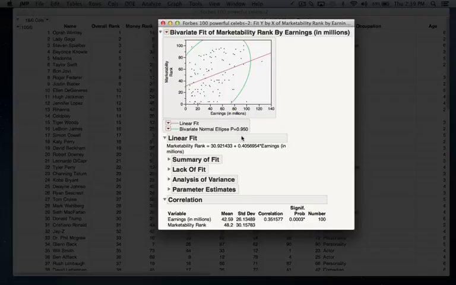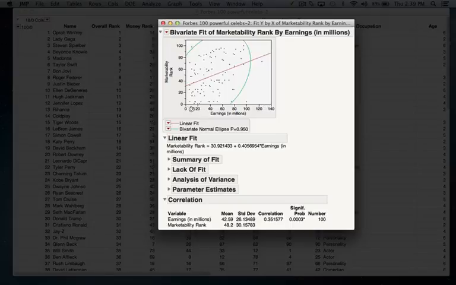Alright, so we can go ahead and take a look at our line of best fit and look at exactly what it means. So this line is the equation for this red line right here. So the marketability rank, which is our Y variable, equals about 31 plus 0.4 times whatever our X value is.